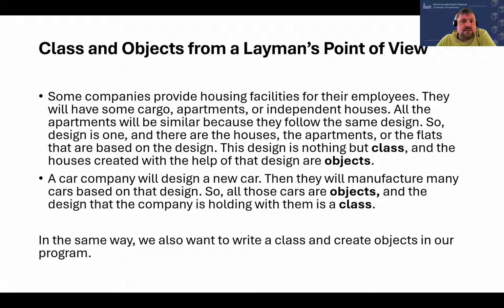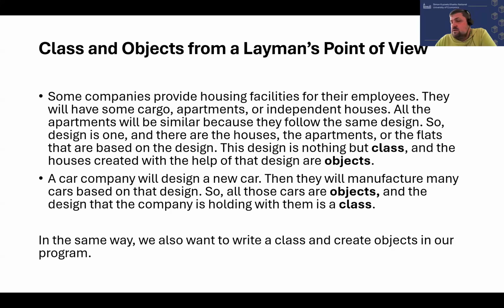Like an engineer, every engineer does some paperwork or design work, and based on this design, some manufacturing is done. So you can make any product, and the product will have all things that were included in the design.